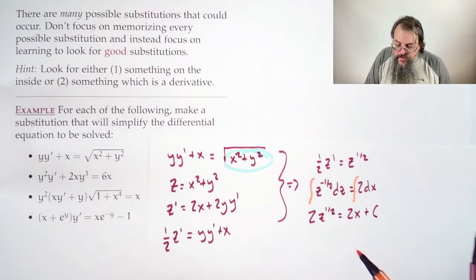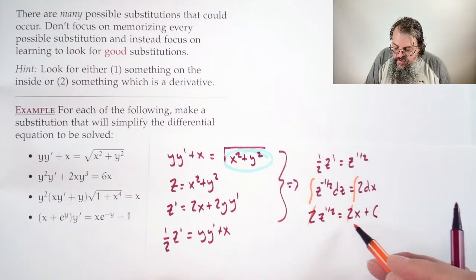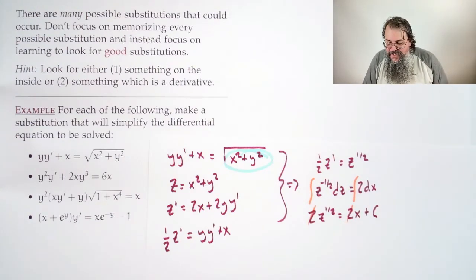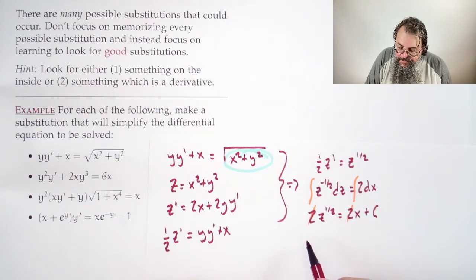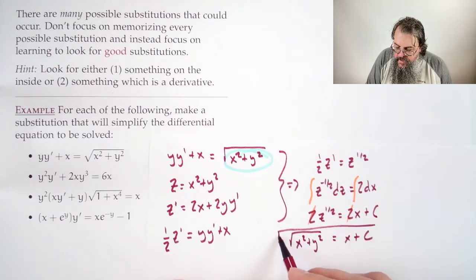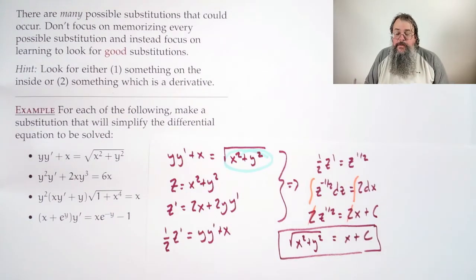Well, the 2's cancel. You might say, well, what about the c? It just absorbs that dividing by 2, and so we end up with the square root of x squared plus y squared equals x plus c. Yeah, we could square both sides if we wanted to, but you know what? That's an answer. And so there we go.